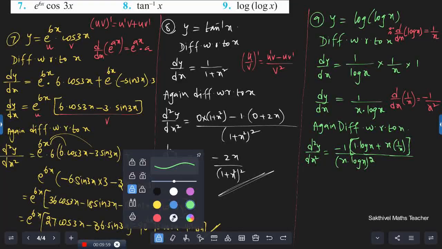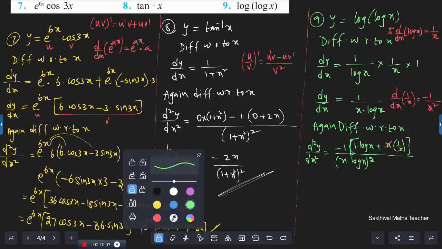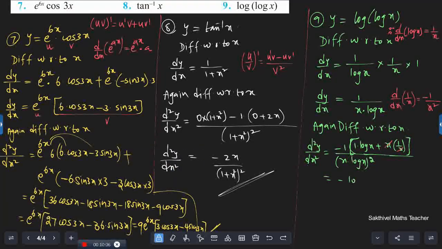Now see children, the denominator x and numerator x cancel. So what I am getting is minus log x divided by x into log x whole square. The square is common for both x and log x, so you can apply it separately, and one log x you can cancel.